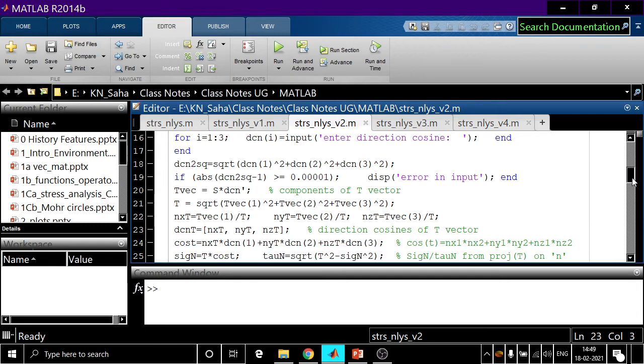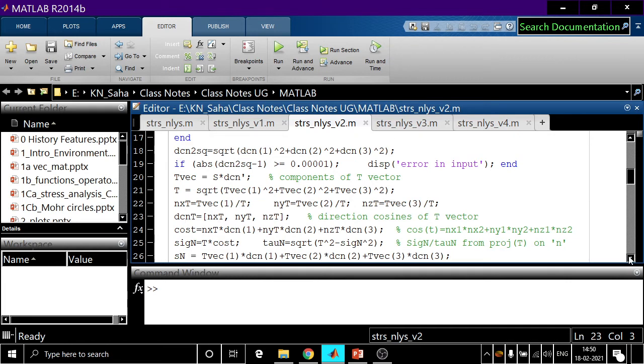Yes. Let us calculate cos of theta. So this cos t stands for cos of theta. This is what we have already seen. The nx1 into nx2, here it is nxt into the first component of this here. This is clear? Cos theta is equal to this, right?